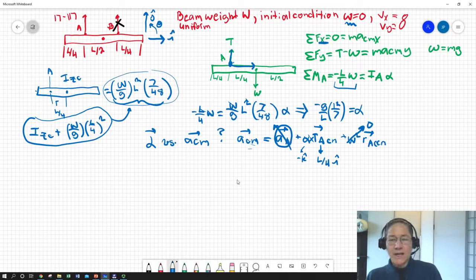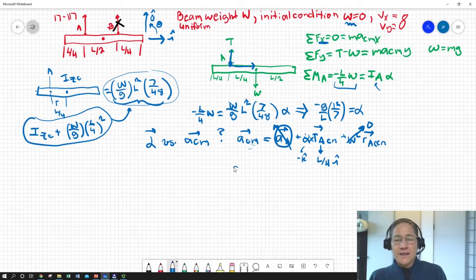So that's really our key relating alpha, which wasn't too hard to get with the sum of the moments and a parallel axis expression to get I_A, using point A as our rotation. Again, it's not a fixed pivot, but at this instant we can treat it as a point of 0 velocity and a point of 0 acceleration right at this moment.